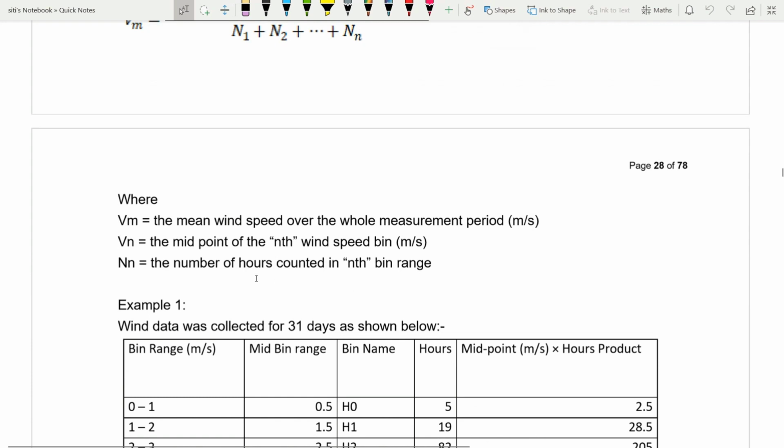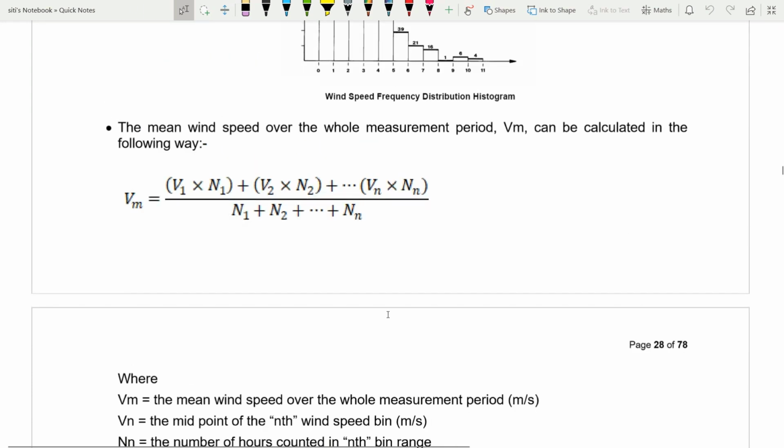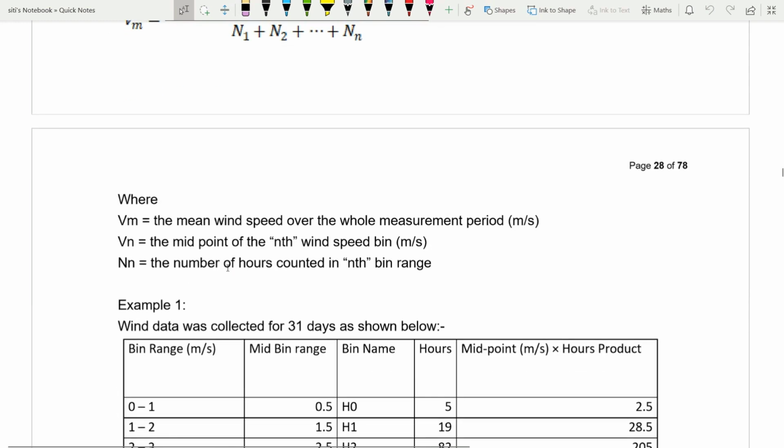This Vm represents the mean wind speed over the whole measurement period, in meters per second. Vn, or V1, V2, V3 and so on, is the midpoint of the nth wind speed range in meters per second, and Nn is the number of hours counted in the nth wind range. So let's see the example using this equation.